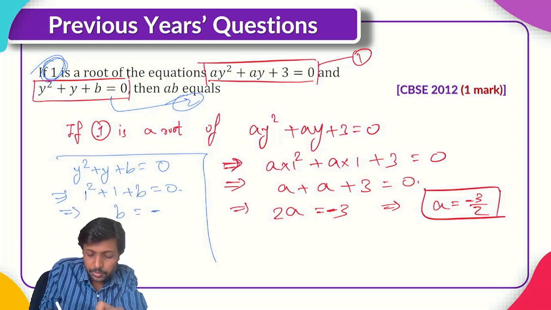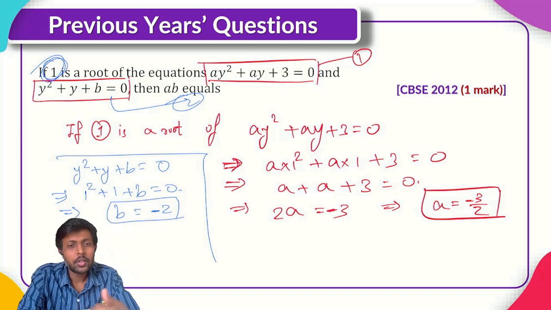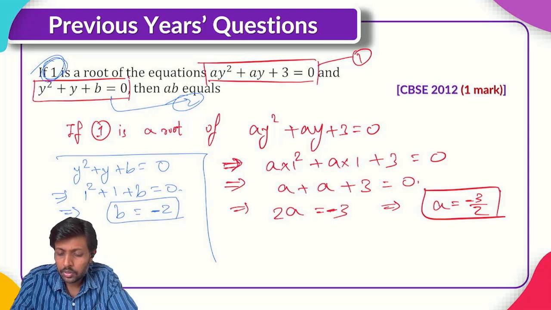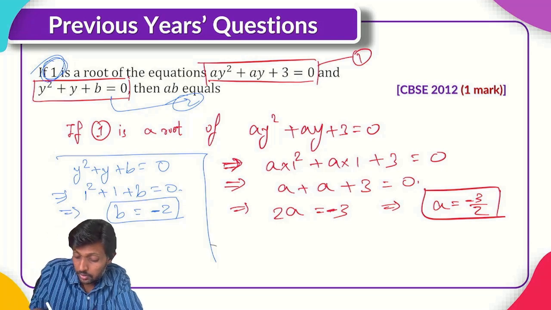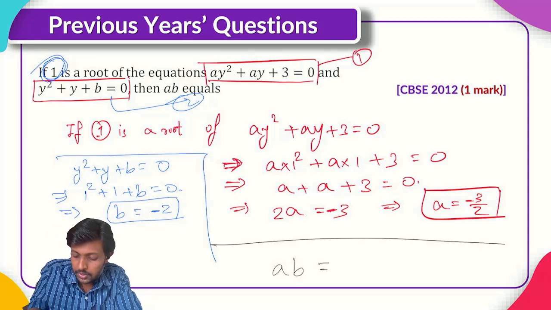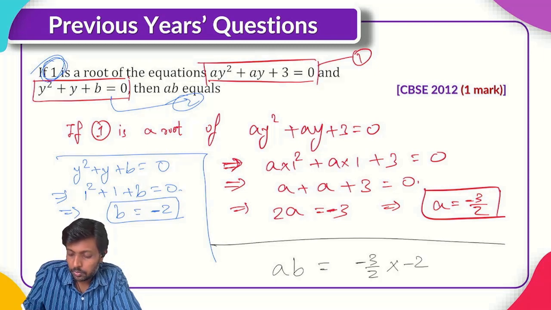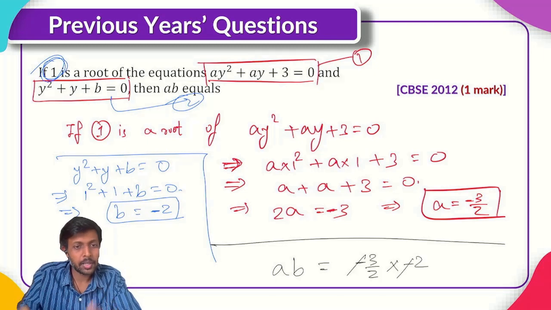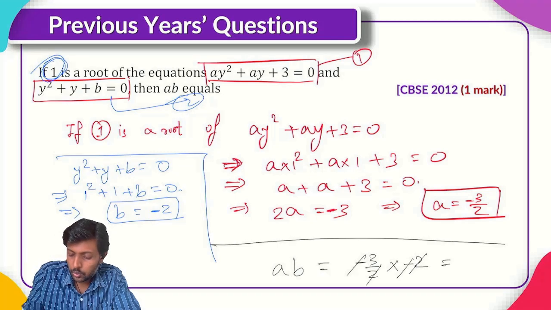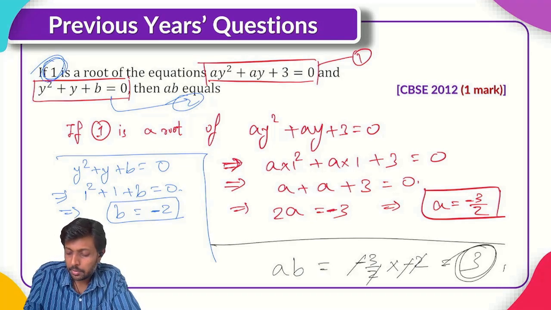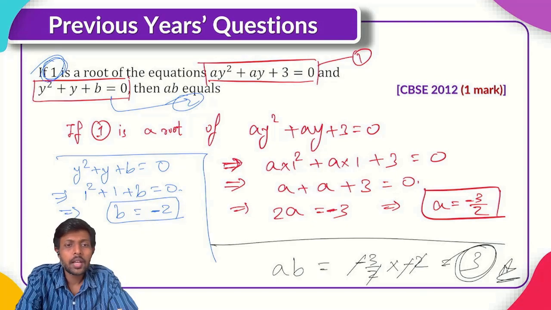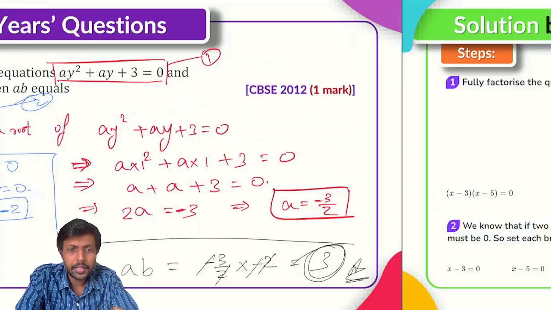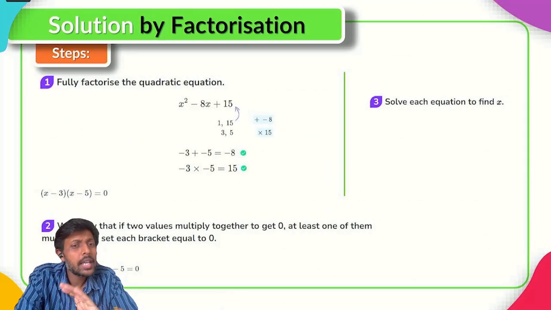This gives the value of b as minus 2. You have the value of b, you have the value of a. Can you not figure out the value of ab? It's easy. ab is equal to minus 3 by 2 multiplied by minus 2. Minus minus becomes plus. 2 and 2 get cancelled. You are left with this number. This is your answer. Let's move on to the next segment, where we see how to solve a quadratic equation.